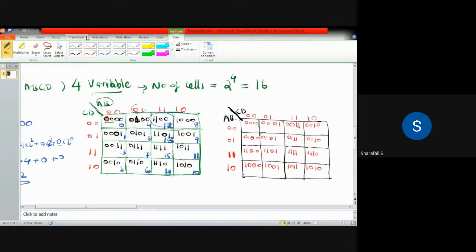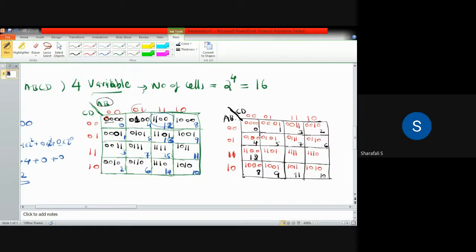Now, if you calculate the position and convert these values into decimal, then this will be 0, this will be 1, this one is 2, this is 3. And this one is 4, 5, 6 comes here, 7 comes here. 8, this is 8, 9, 10 will not come here, 10 is this, 11.